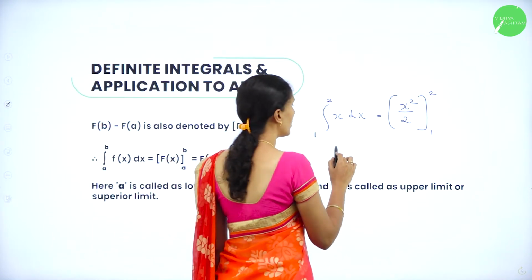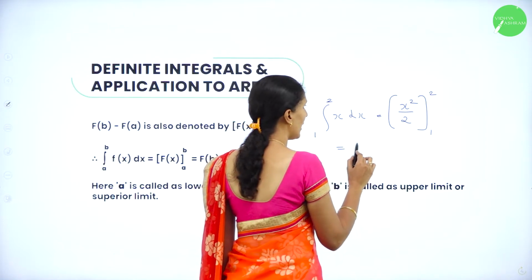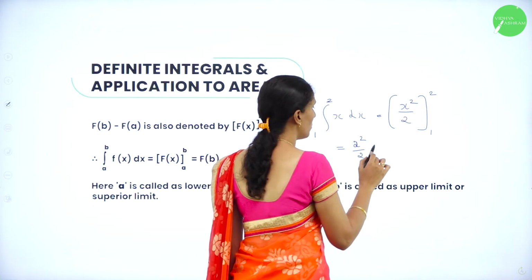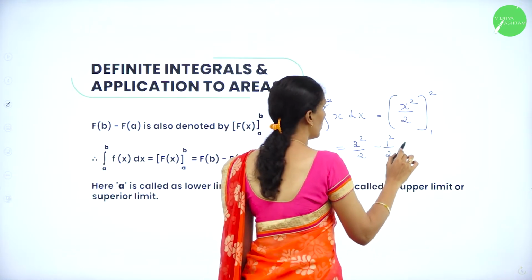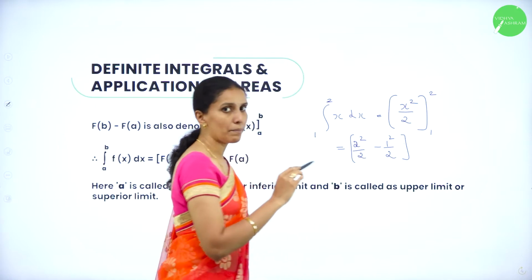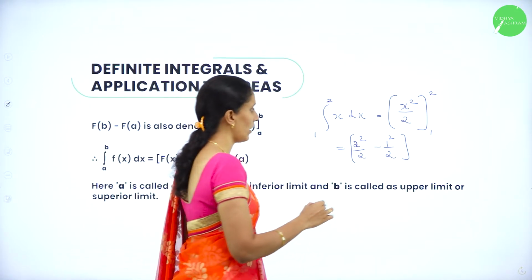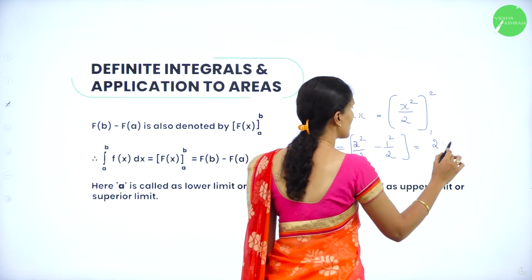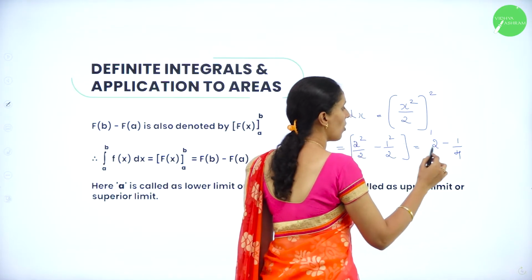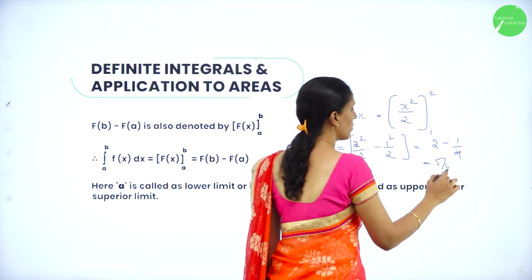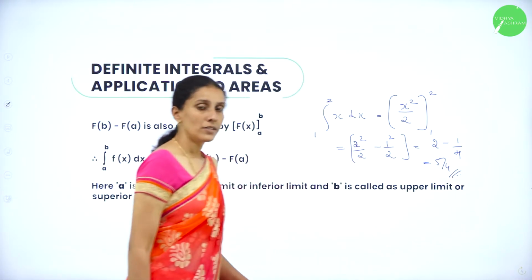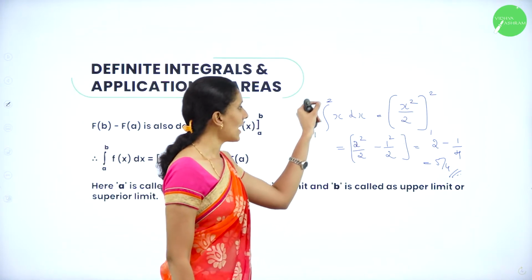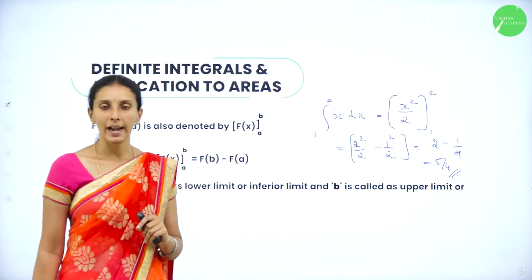So according to the theorem, it is 2 square by 2 minus 1 square by 2, that is, the upper limit first and then the lower limit. So it is 4 by 2, which is 2, minus 1 by 2. On solving this, you will get the value 3 by 2. So this is the value of the integral under the two limits a and b.